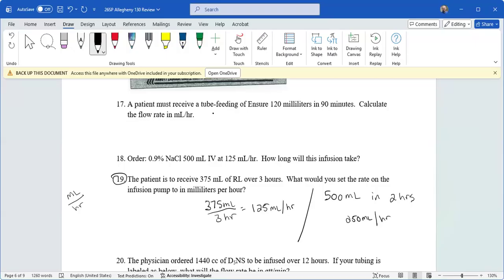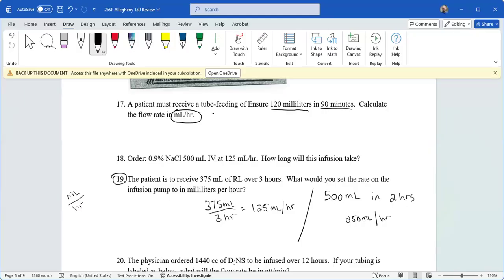So you can see that there's a volume and there's a time, but the time we're looking for is actually in hours. So you either need to convert minutes to hours, which you can do, or you need to know how to manipulate the numbers in order to get to the answer you want. Either way, I pretty much just said the same thing.